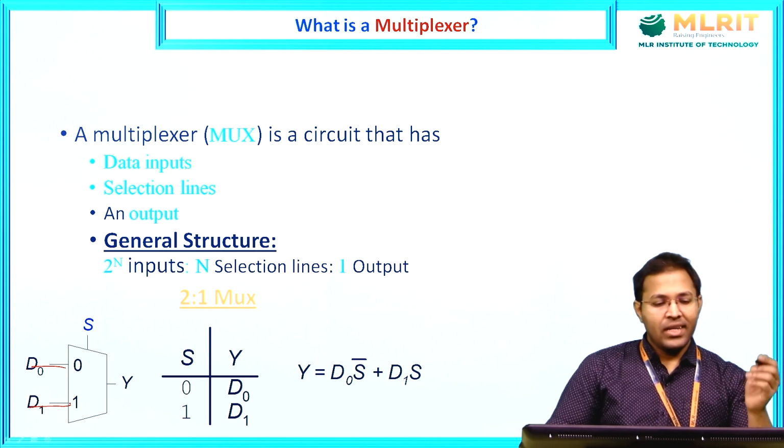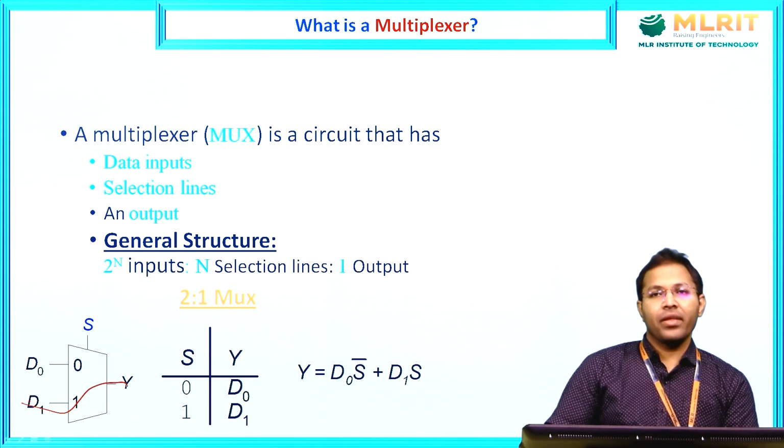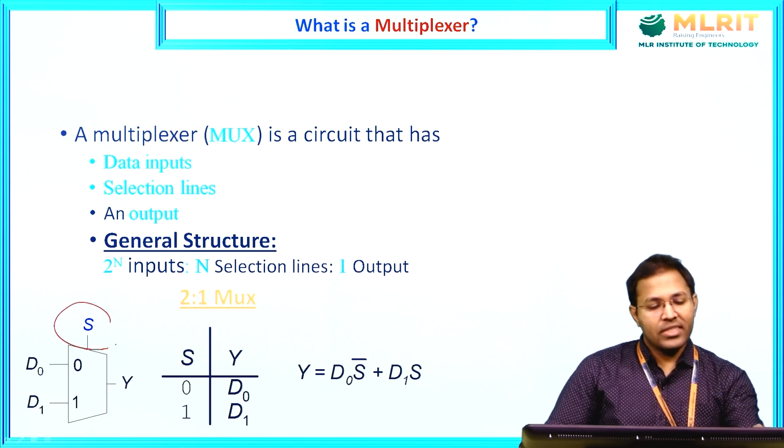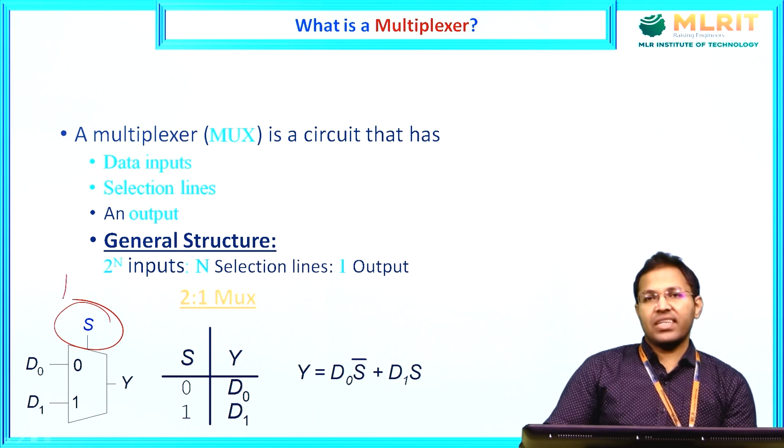That is, either you pass D0 to the output or you pass D1 to the output. When the choice is very simple, the number of bits required to implement that choice is also very small. So, in this case, 1 bit of information is sufficient for the selection lines.